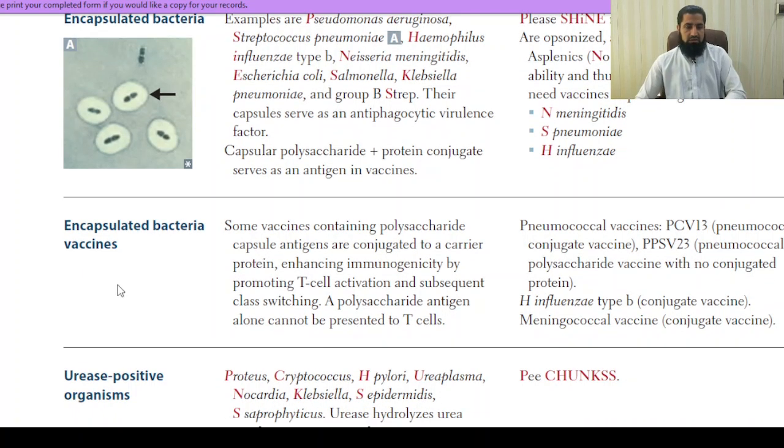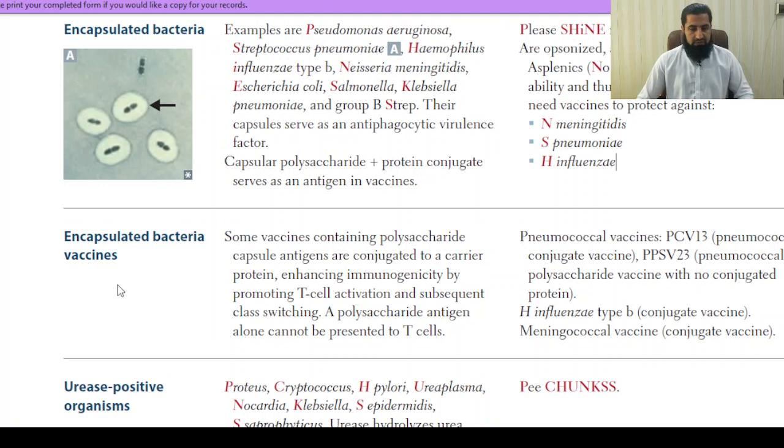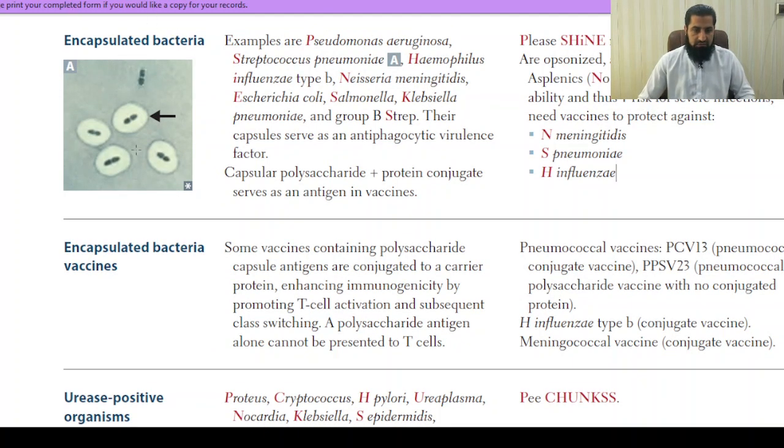These were the encapsulated bacteria. This is the encapsulated bacterial vaccine. Some vaccines contain polysaccharide capsule antigens conjugated to a carrier protein, which enhances immunogenicity by promoting T cell activation and subsequent class switching. Polysaccharides alone cannot be presented to T cells.